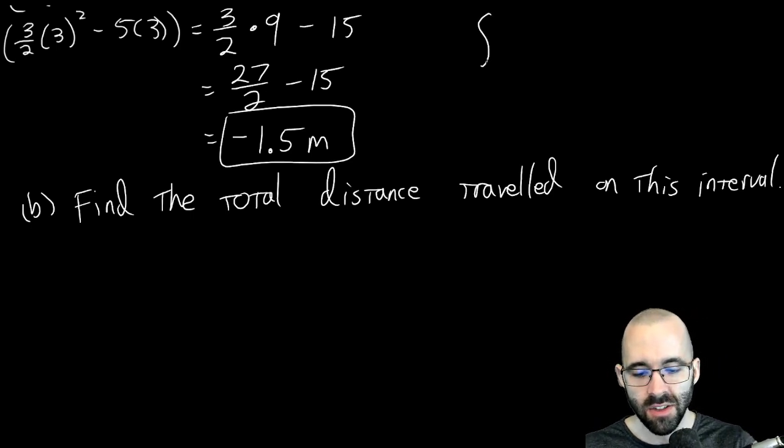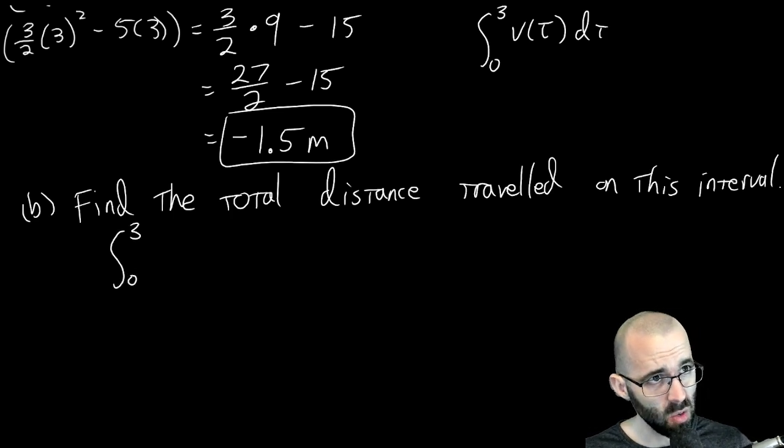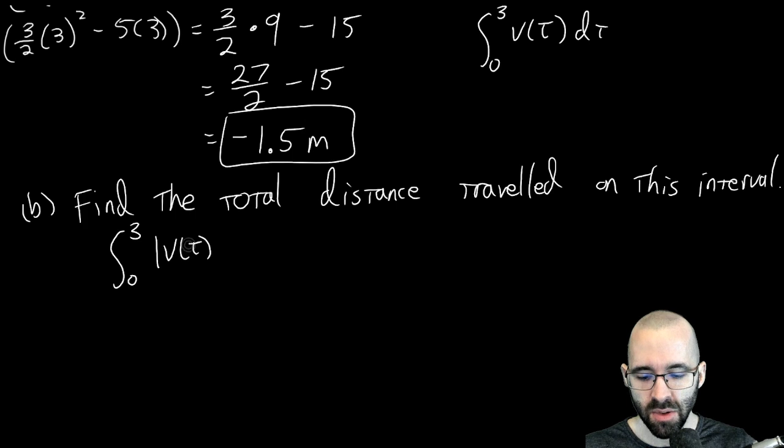So displacement is just going to be the integral from 0 to 3 of the velocity. Total distance traveled is going to be, as covered in 1.2 or 1.3, I think it was 1.2, the integral from 0 to 3 of the absolute value of the velocity. Because remember, absolute value of velocity is the speed.